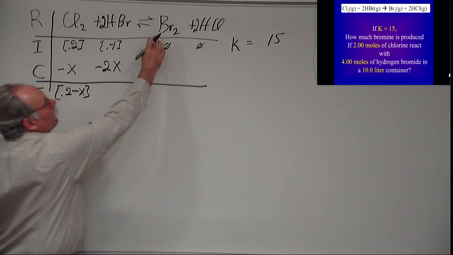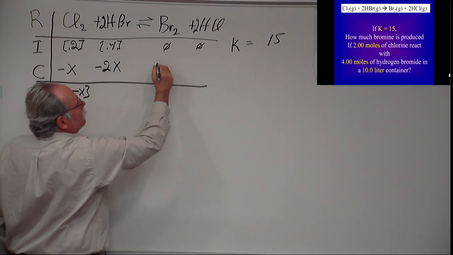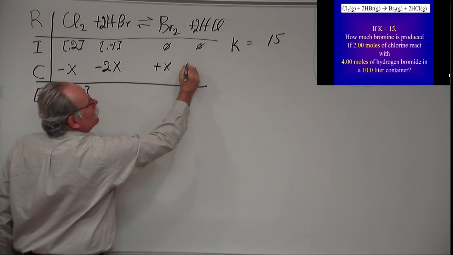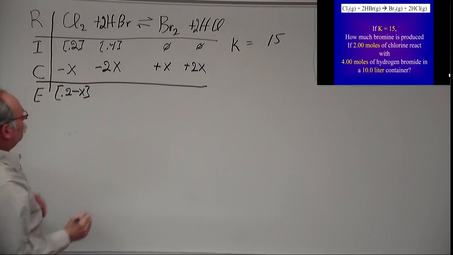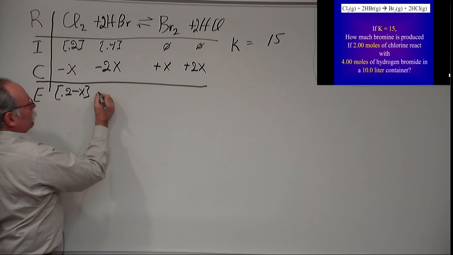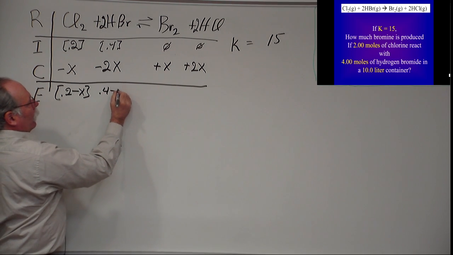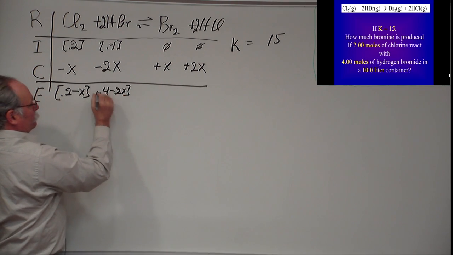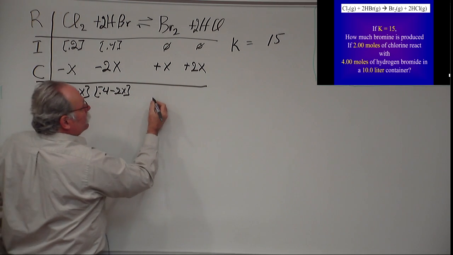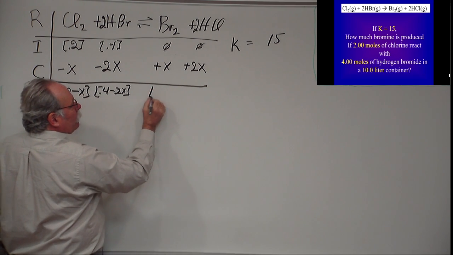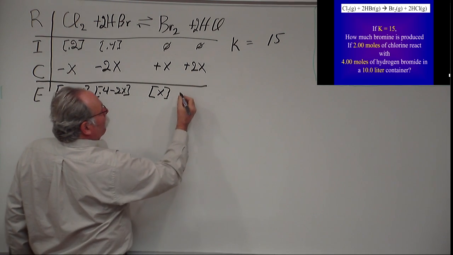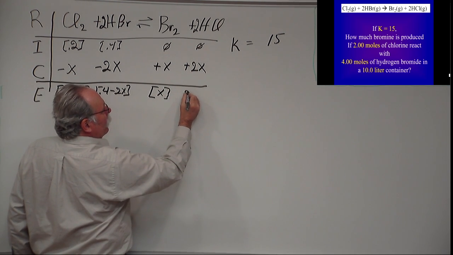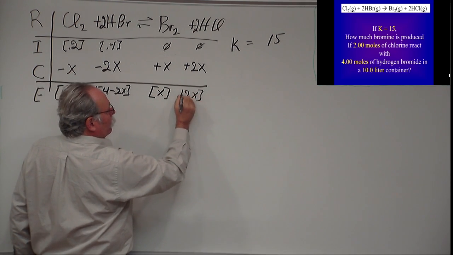And every time one of these reacts, we make one of these, and we make 2 of these. So at equilibrium, for the HBr, we started with 0.4, and we consumed 2x. For the bromine, we started with nothing, and we made x. And for the HCl, we started with nothing, and we made 2x, okay?